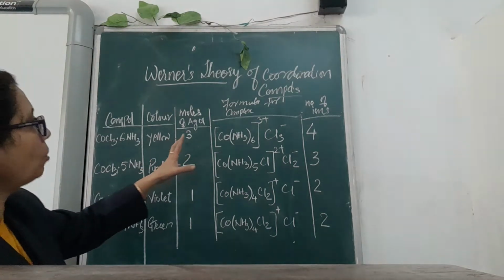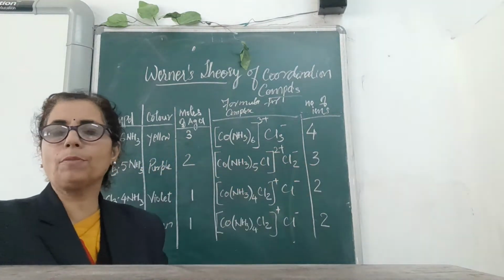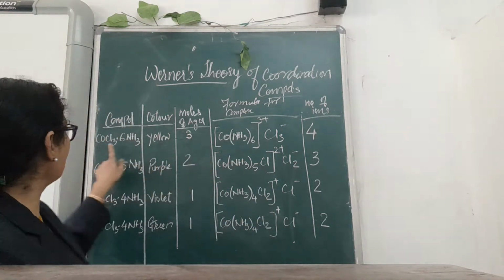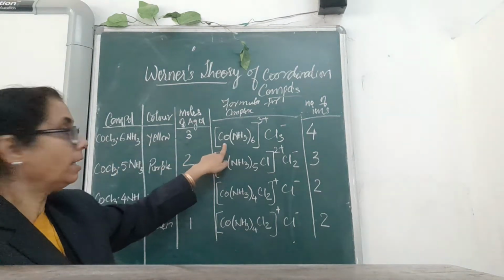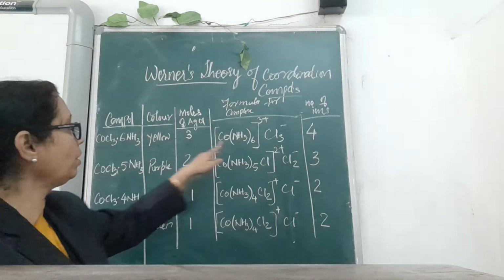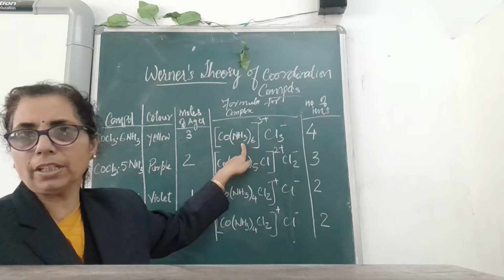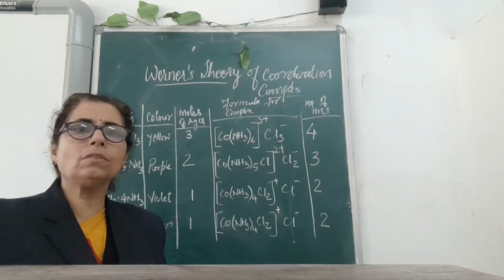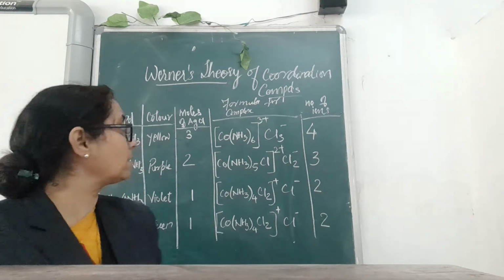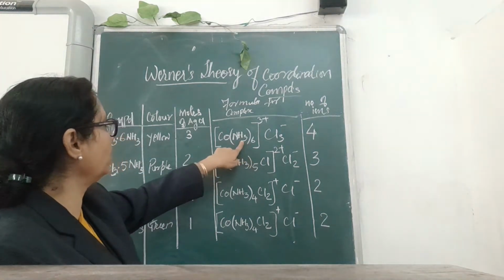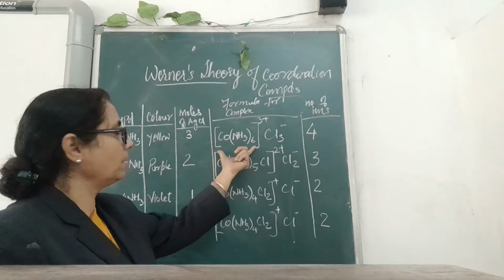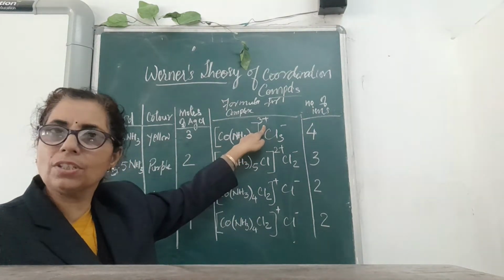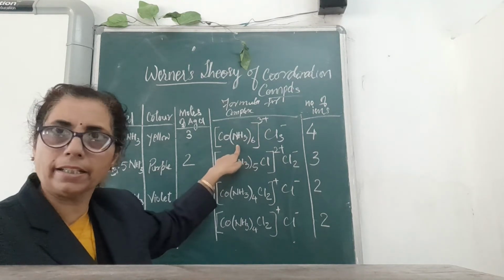The complex formed after removal of these 3 chloride ions was Co, that is cobalt, with 6 molecules of ammonia attached to it as ligands. We have already talked about ligands, so you will be able to understand. This complex, in square brackets, attains a positive charge, which means it is acting as a cation.